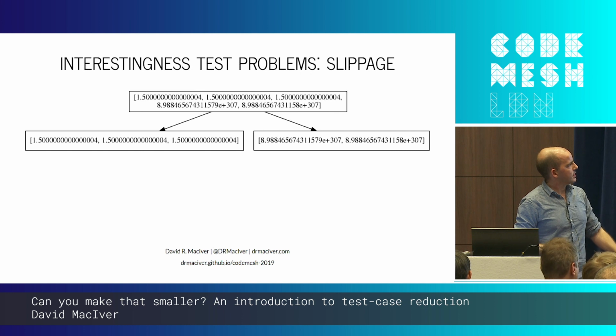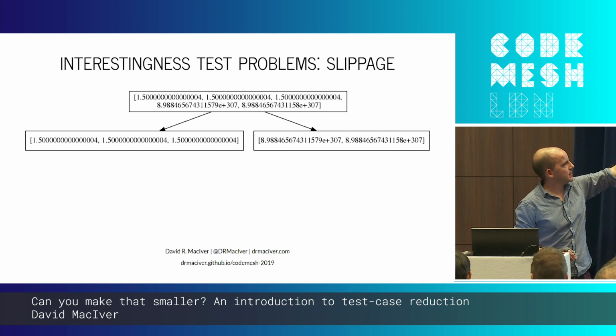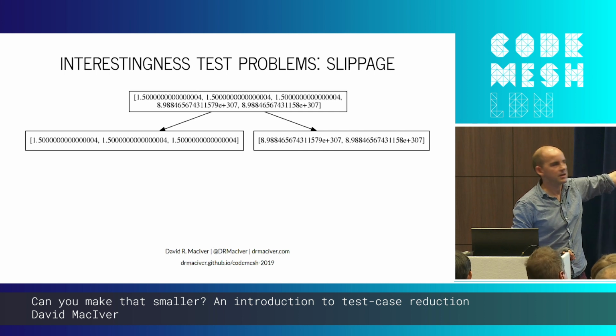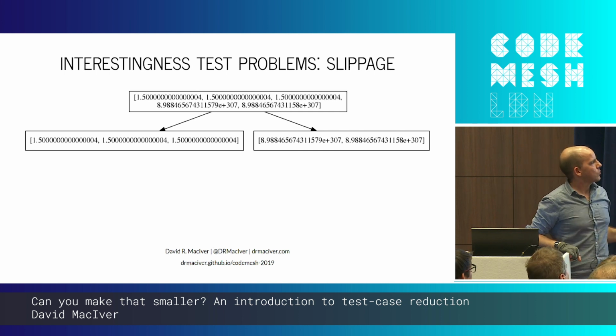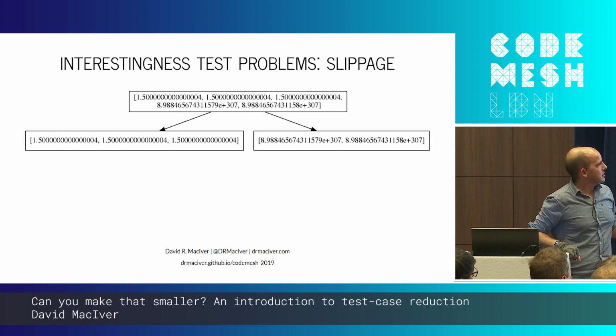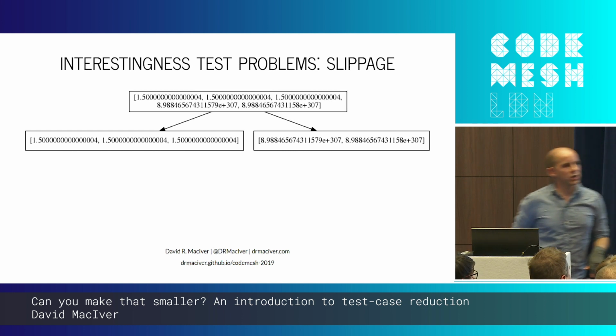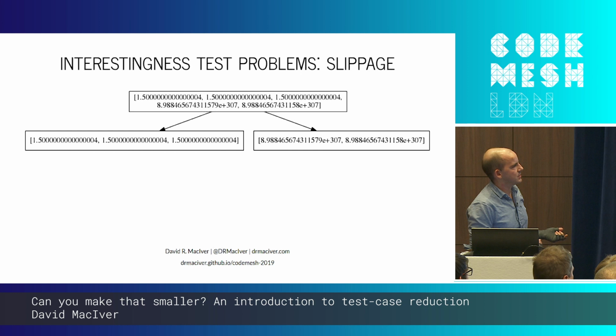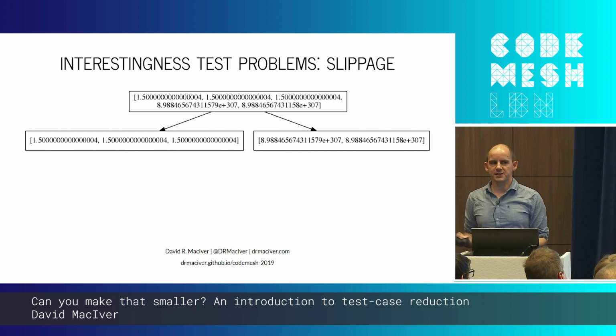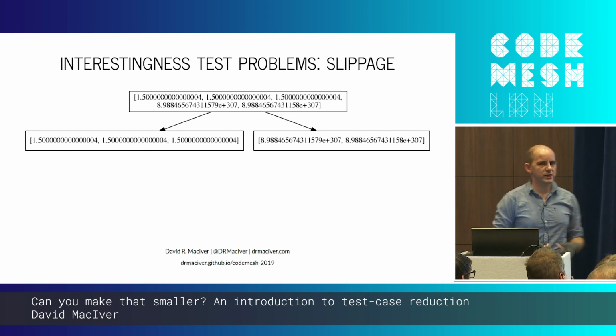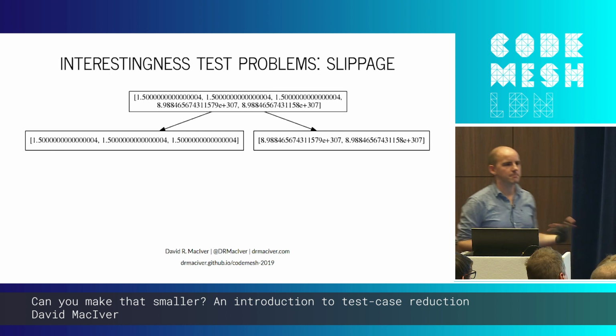And if we cut the last two elements out, we get the left-hand one, where we've got our rounding bug. If we cut the first three elements out, we get our infinity bug. And so slippage happens because our test is not able to distinguish these, and which bug we end up seeing is essentially completely up to the whims of the reducer.